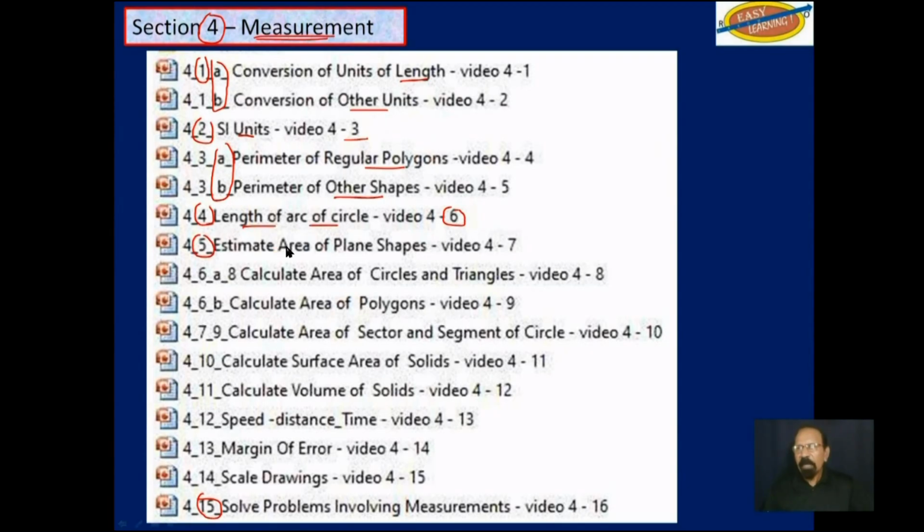Objective 5, estimate area of plane shapes. That's video 7. Objective 6 itself, I have divided into 2 videos. But in this first part, I have also included objective 8, which says calculate area of circles. That's 6A. And then we can also calculate areas of triangles. That would be objective 8. We can do those 2 things in one video. And 6B, calculate area of polygons. That's video 9.